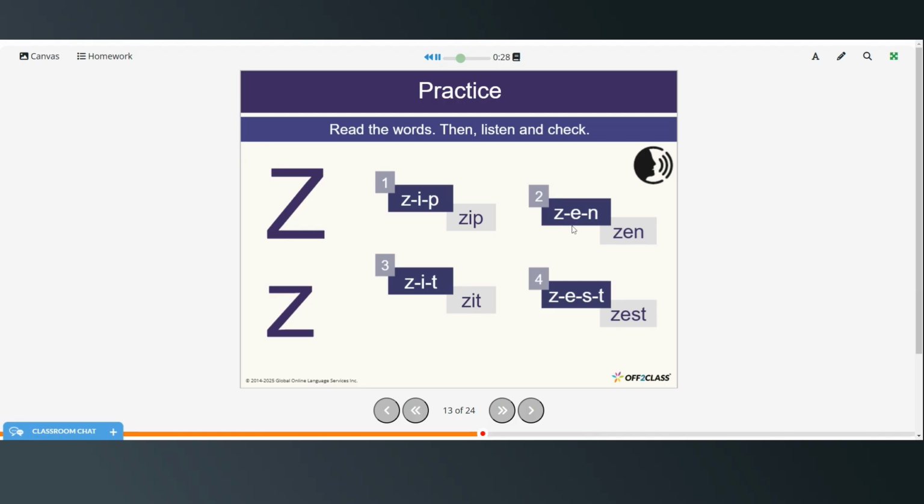Z, e, n. Zen. Z, I, t. Zit. Z, e, s, t. Zest.